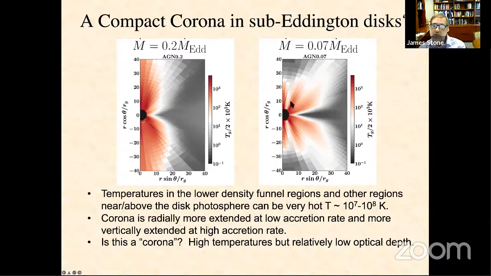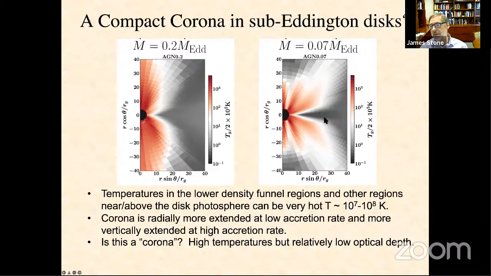Again, that's the formation of extremely hot plasma in the corona of the disk, basically. And the reason why is because this plasma is optically thin. It's heated by magnetic dissipation of turbulence, but it cannot cool because it's optically thin. And so it just heats up to very, very high temperatures. And so we see spontaneous emergence of an extremely hot corona at low Eddington ratios from these radiation MHD calculations.